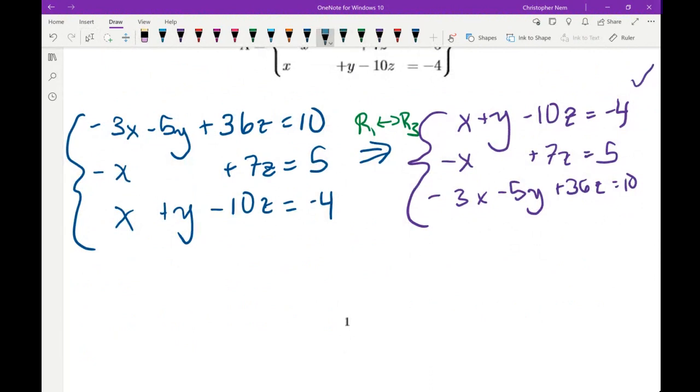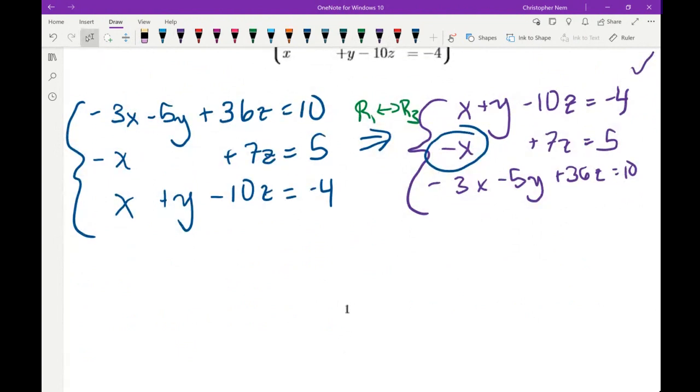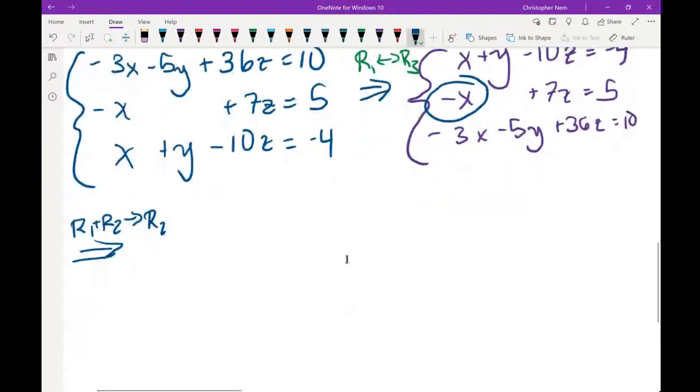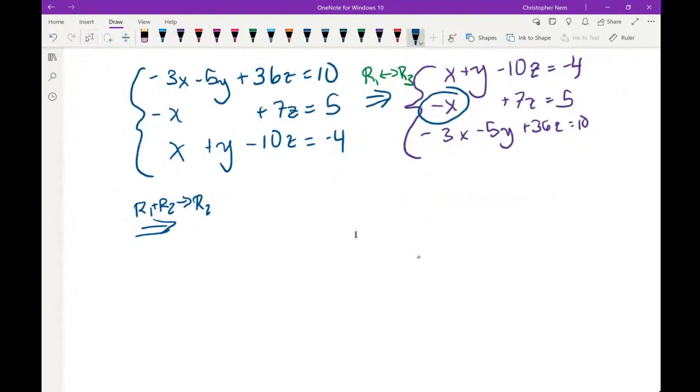The second row now, however, I have an x. I need to get rid of that completely. And the way you get rid of a term, you have to add it with an equation. So I'm going to add row 1 plus row 2, and I'm going to send that to row 2. So if I add these together, row 1 does not change.